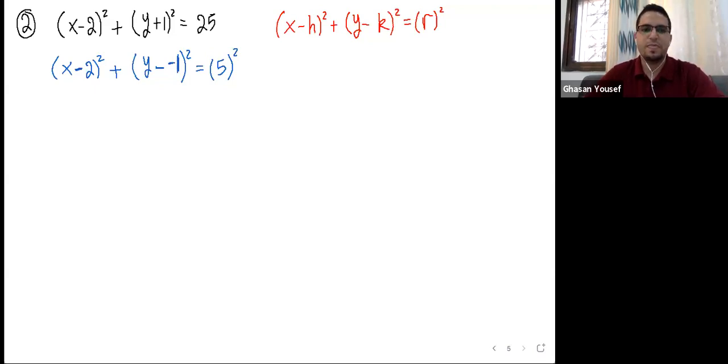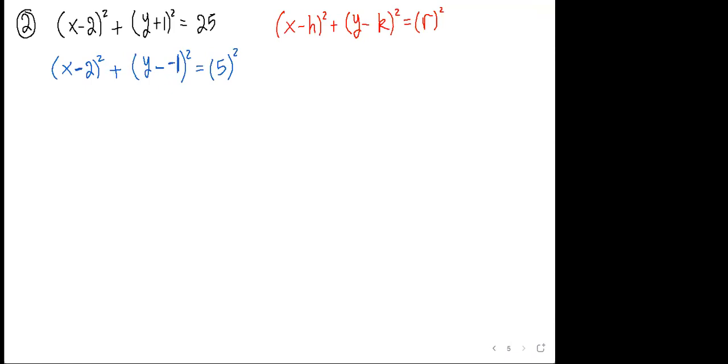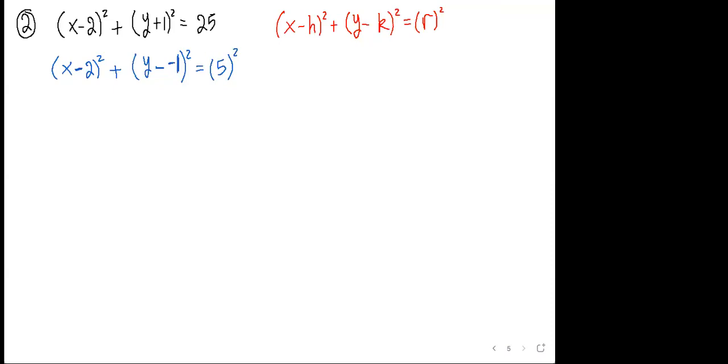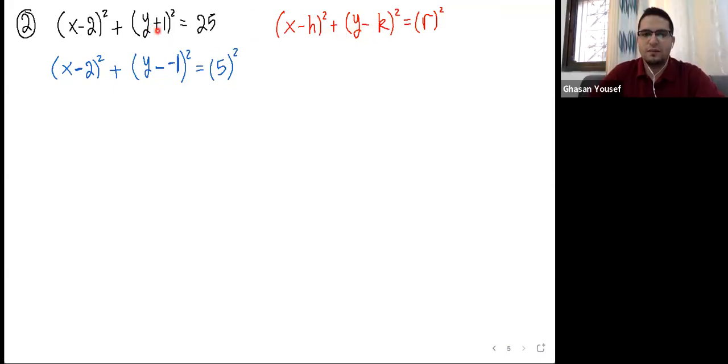Eric said he doesn't get it. So again, to rewrite the equation of the circle in this form, you write x minus h, which is x minus 2. Everything is fine here, you don't have to change anything. Plus y minus k. To make it y minus k, it is y minus minus 1, because minus times minus is positive 1, squared, equals 5 squared.